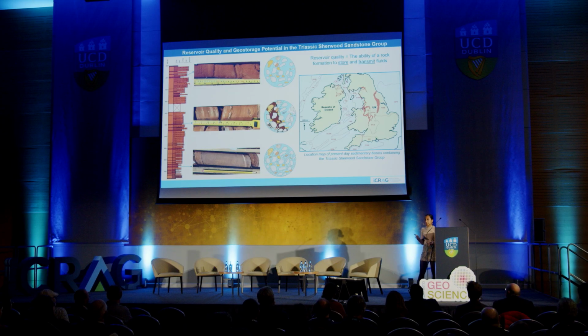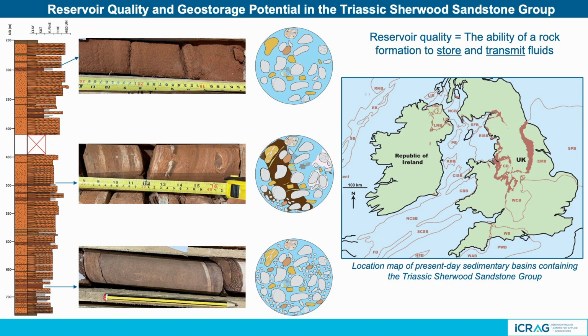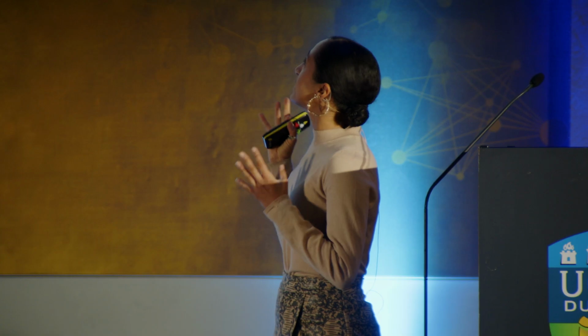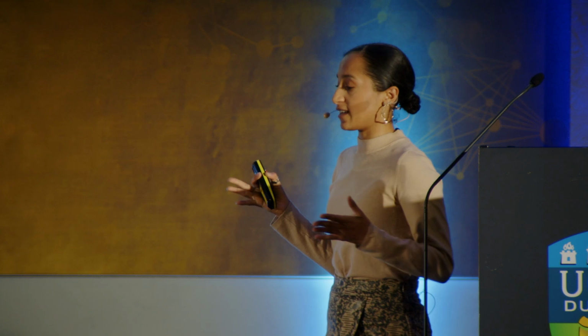Specifically, looking at the Sherwood Sandstone Group, this map shows the present-day sedimentary basins containing the Triassic Sherwood Sandstone Group. You can see that it's quite prevalent across the UK, Northern Ireland, and in the Irish Sea too. In the past, it's been a very well-explored target for hydrocarbon exploration.